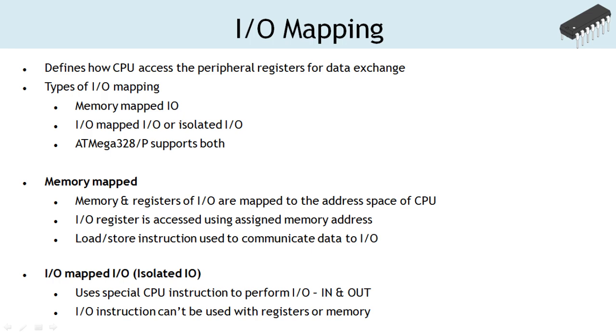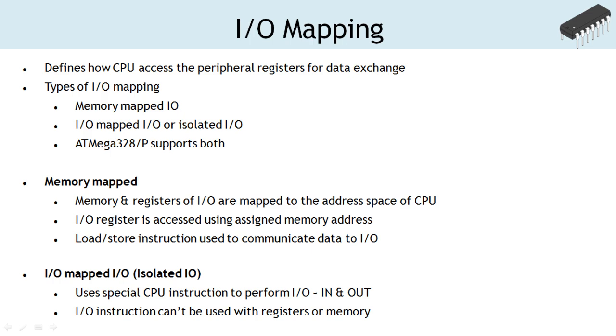I/O mapped I/O is also called isolated I/O since the I/O space is isolated from the CPU's address space. The Atmega 328 microcontroller supports both the I/O mapping mechanisms and supports load store and in-out instructions.